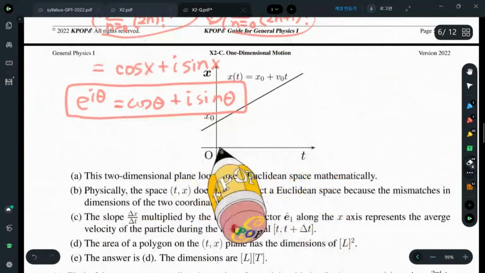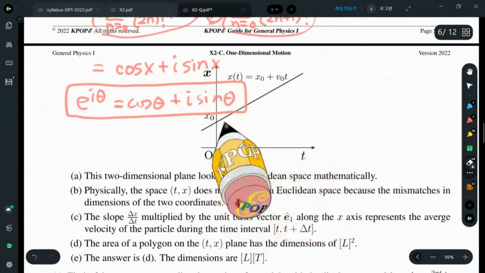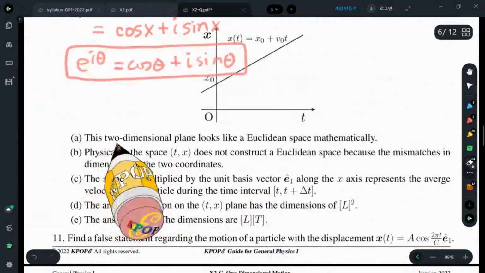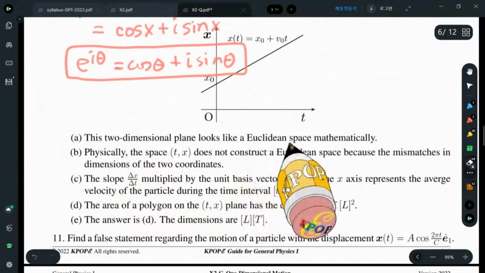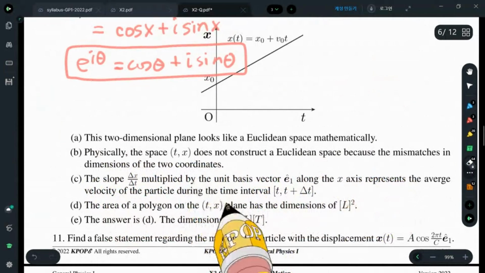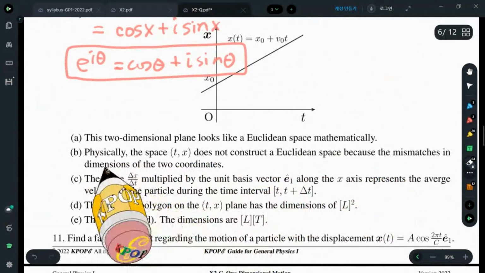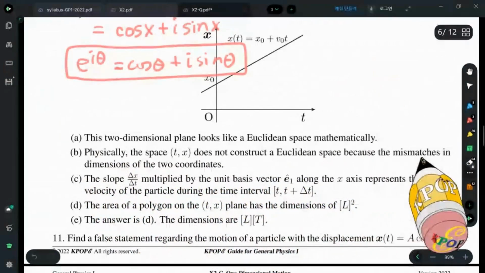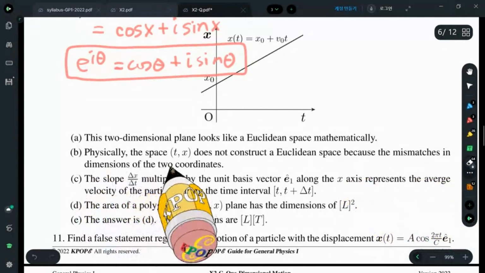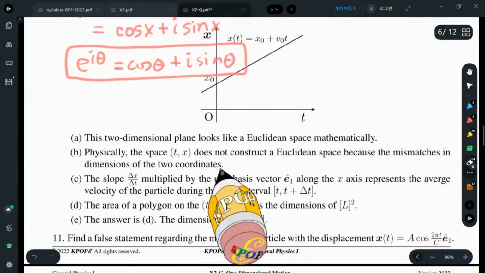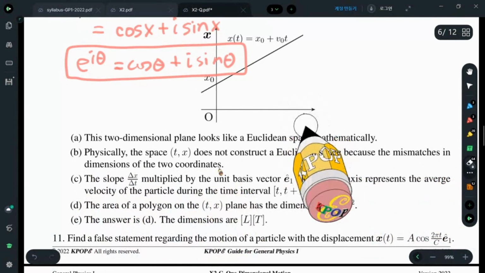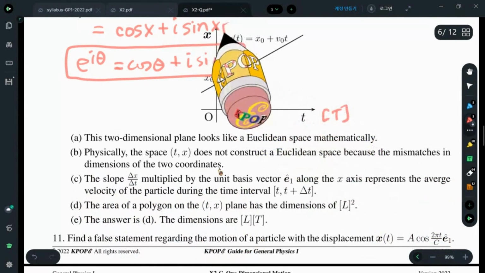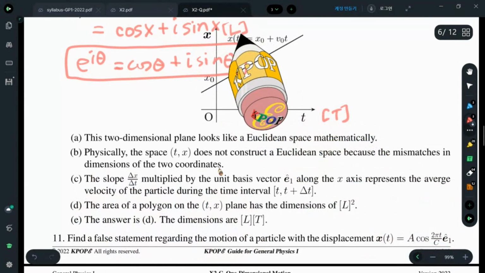Find the false statement regarding the following plot. There's a straight line, time, and position. This two-dimensional plane looks like a Euclidean space mathematically, right? Physically, the space tx does not construct a Euclidean space because of the mismatch in dimensions of the two coordinates. Right, because this one represents the dimension of time, this one represents the dimension of length.